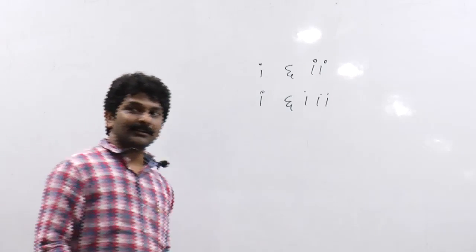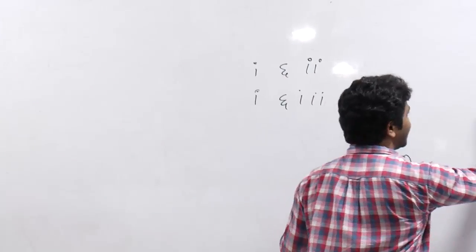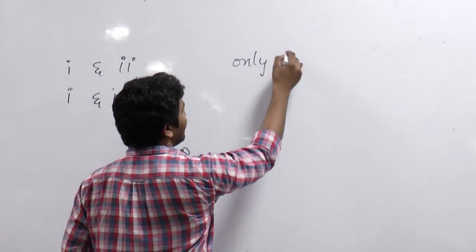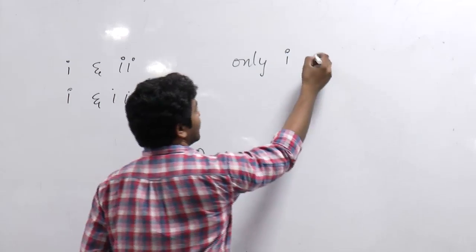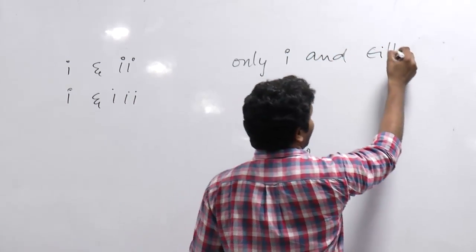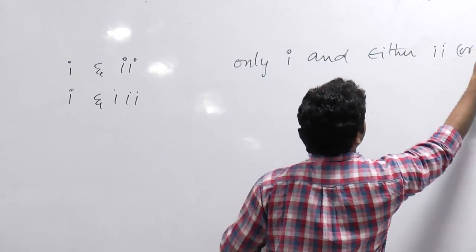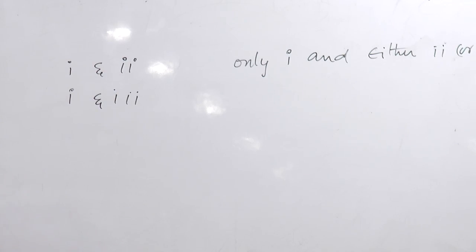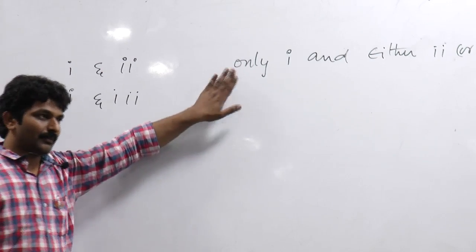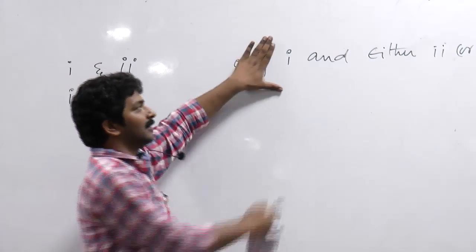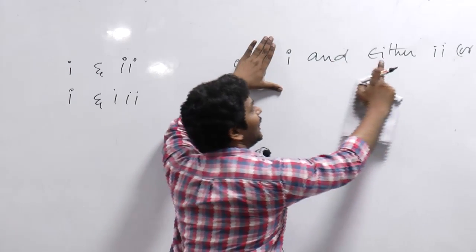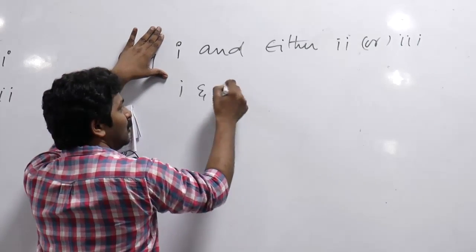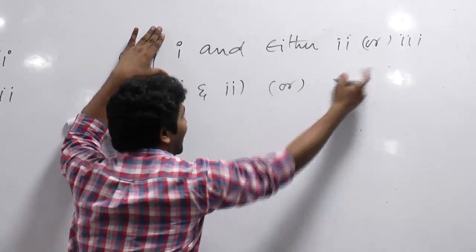The same data can be represented as only 1 and either 2 or 3. The information in the first option can also be given like this. You will get the answer with 1 and either 2 or 3, in the sense 1 and 2 or 1 and 3.